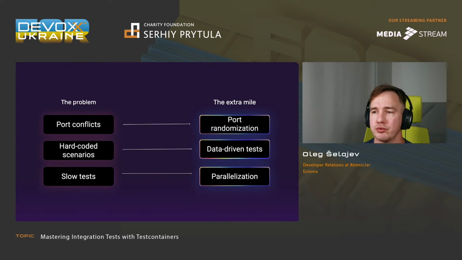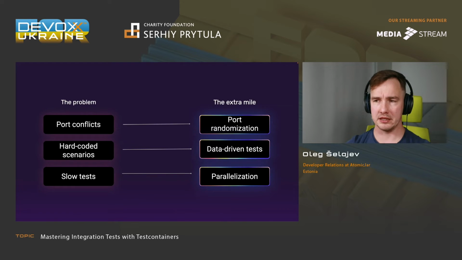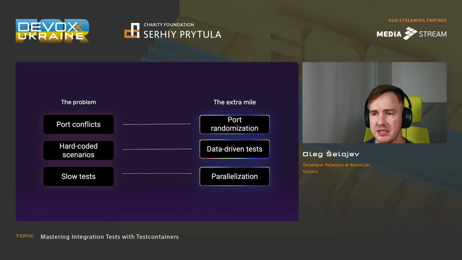And of course, it's written with the idea that you can run your tests in parallel, which is not always easy when you talk about external services running in Docker containers. But we try our best to alleviate the problems there and make sure that we can run tests in parallel.